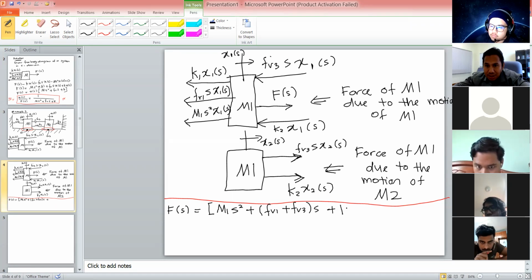Plus K1 plus K2, close the bracket, times X1S. This is for X1S.